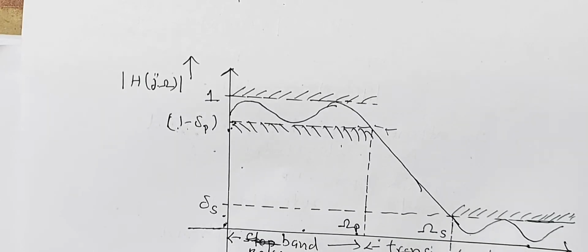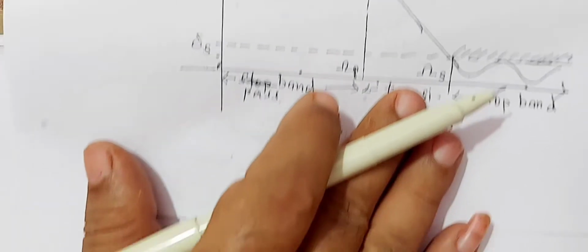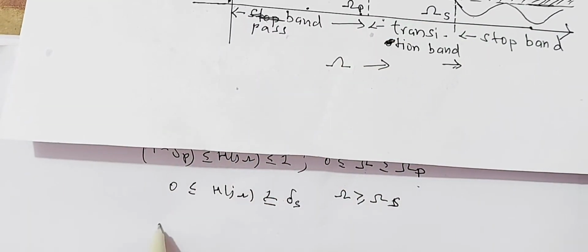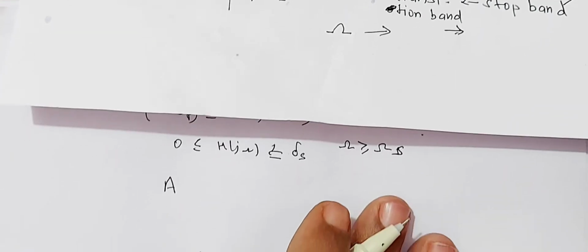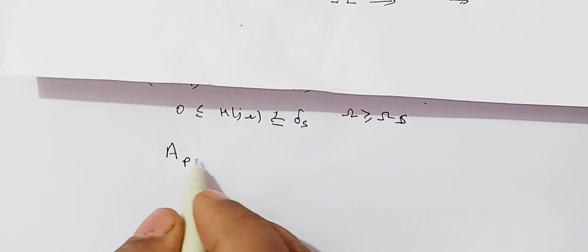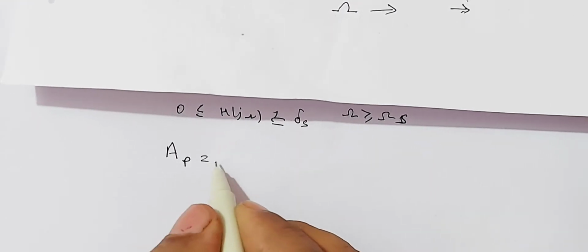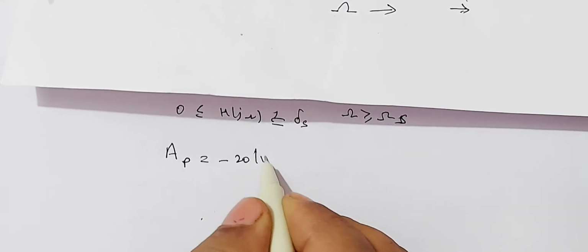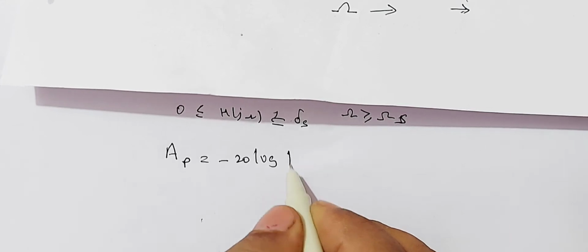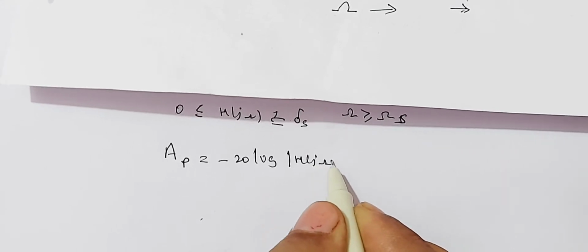How do you consider this in terms of decibel value? First, I will write AP, attenuation in pass band, which is given by minus 20 logarithm of mod h of j omega.